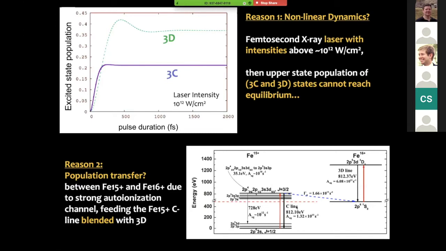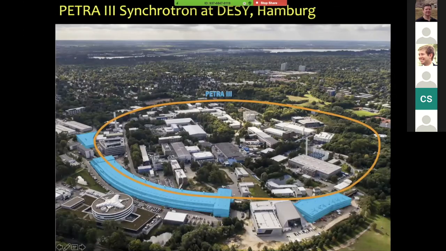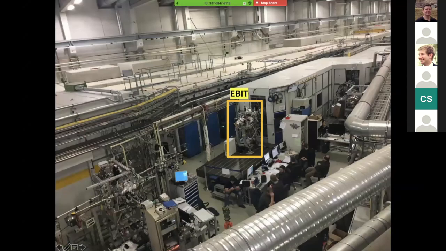Both of these issues were mitigated in another synchrotron campaign we did last year at PETRA III in Hamburg. So here is the storage ring of PETRA III, and here are the several experimental halls. And we parked our electron beam ion trap at the P04 beamline.